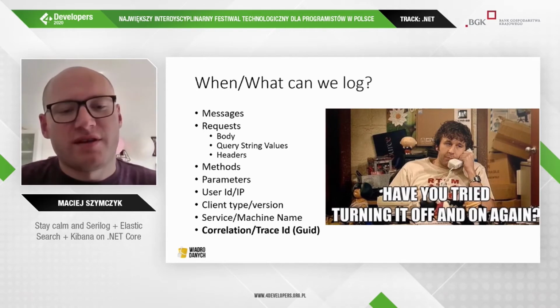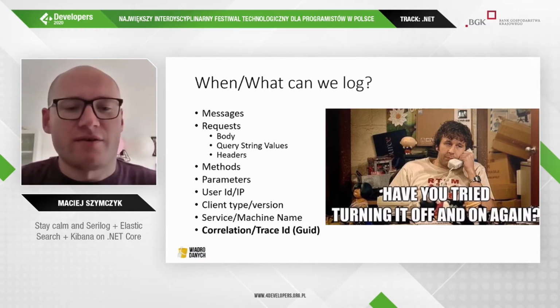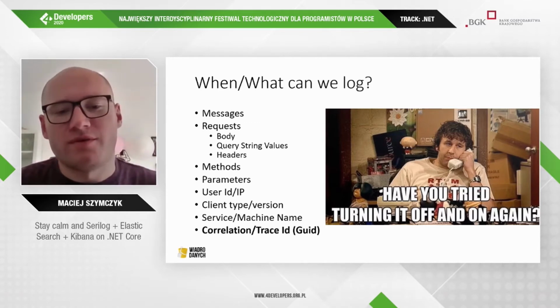Then we have services and machine names, and this can be useful with microservices or Docker components, because when you have Docker orchestrators like Docker Swarm or Kubernetes, sometimes the problem can be with one host, not the whole cluster, and we should know that.